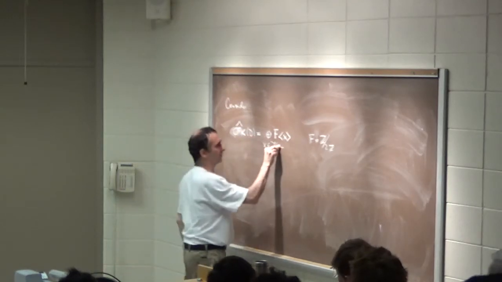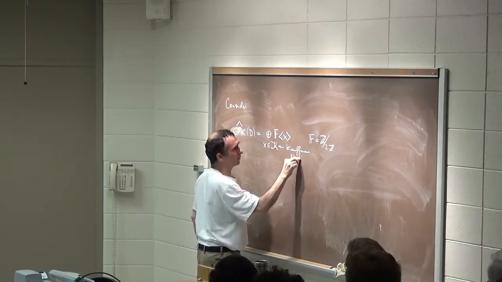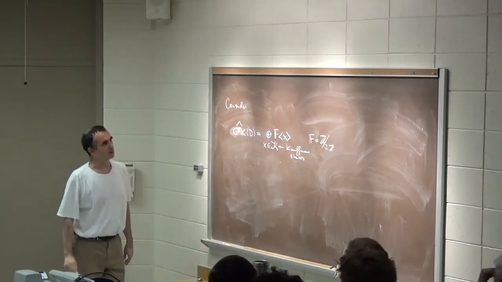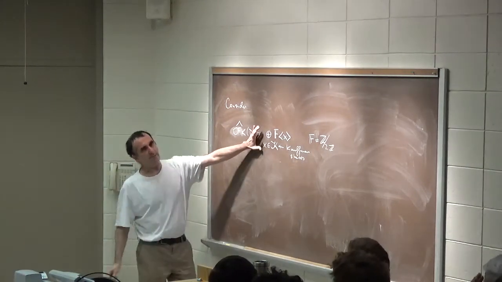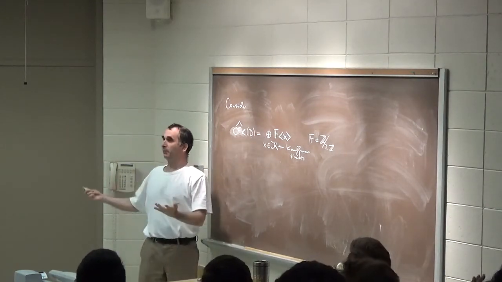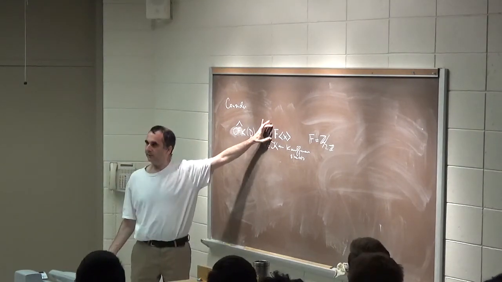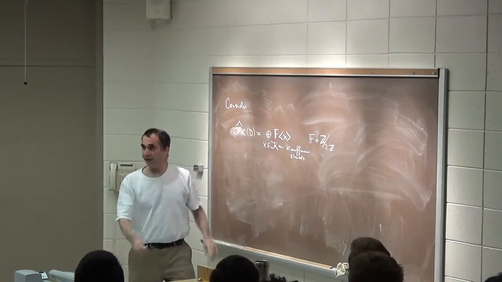Remember, these are Kaufman states. And this is a bigraded vector space. Remember that every Kaufman state comes with 2 numbers attached to it, A and M. So what you get is a finite dimensional vector space, which is bigraded.